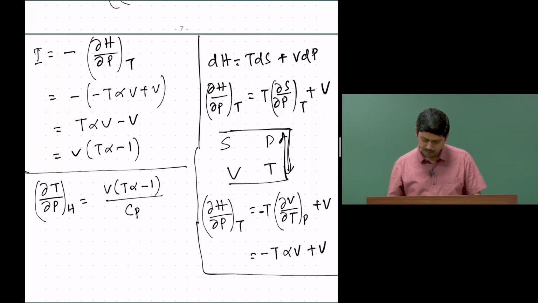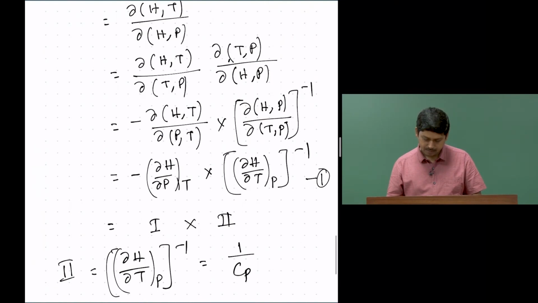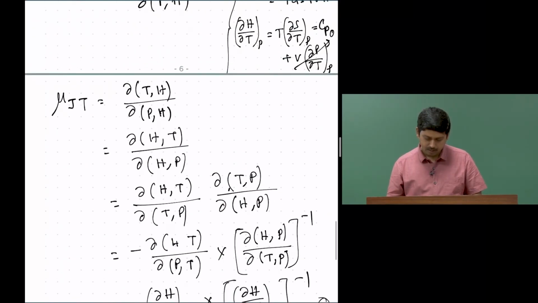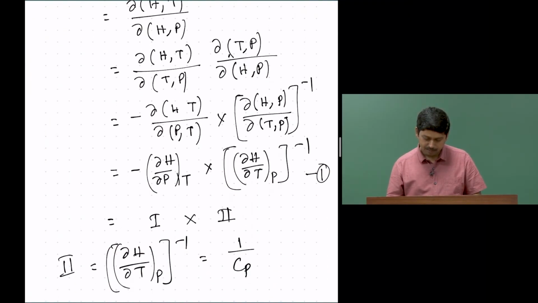Let us see where I went wrong. We start with this, del T by del P at a constant H. This part is fine.